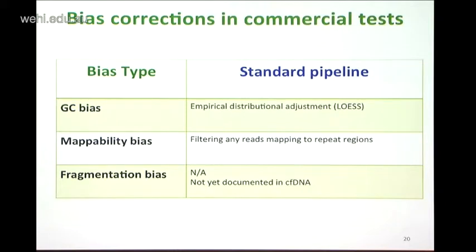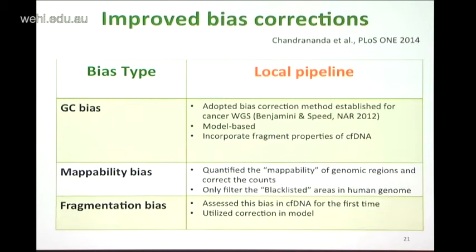The third source of bias was not documented in cell-free DNA until we started working on it and started seeing this bias in our data. So none of the pipelines actually account for this bias.